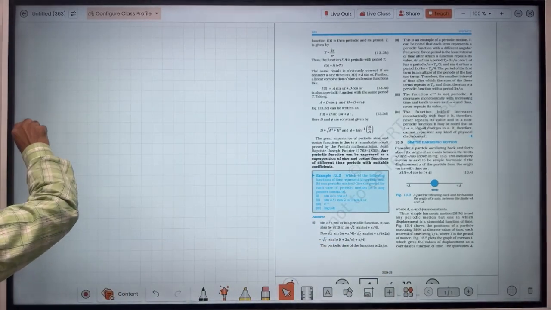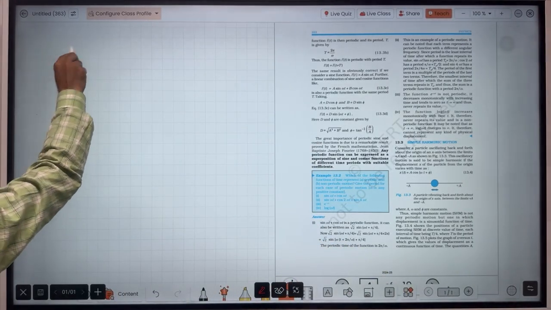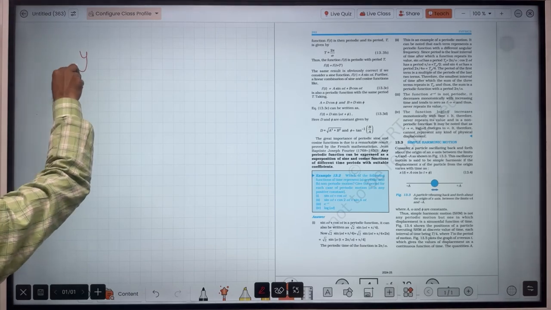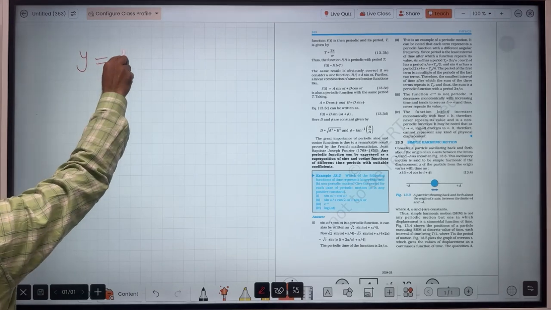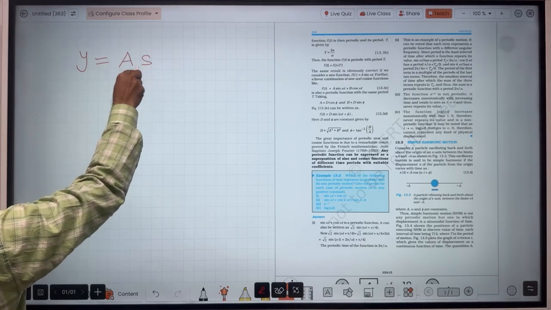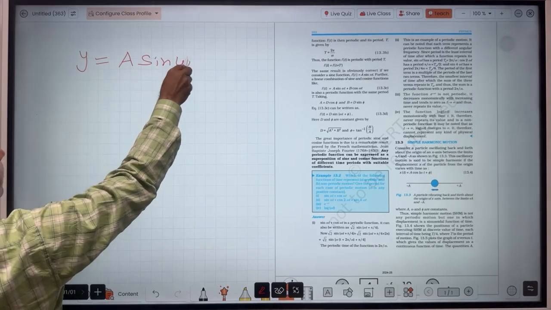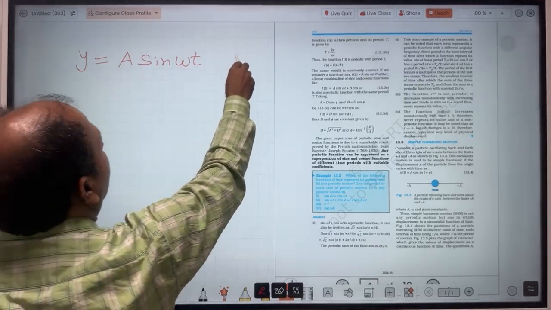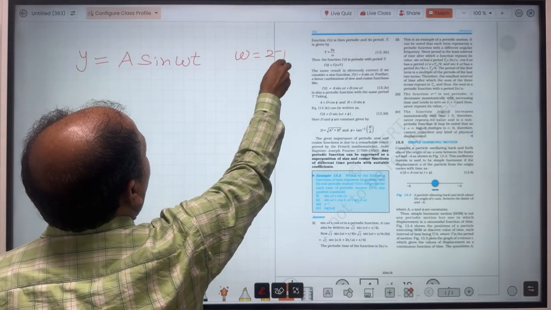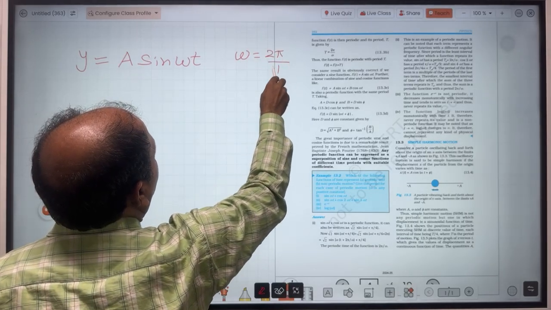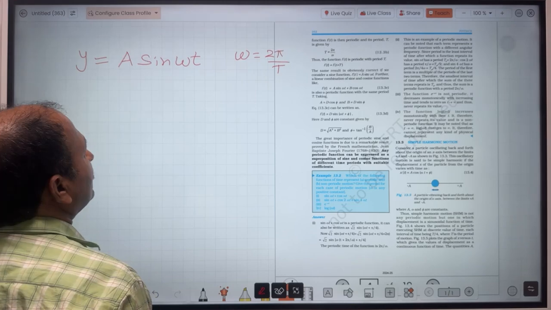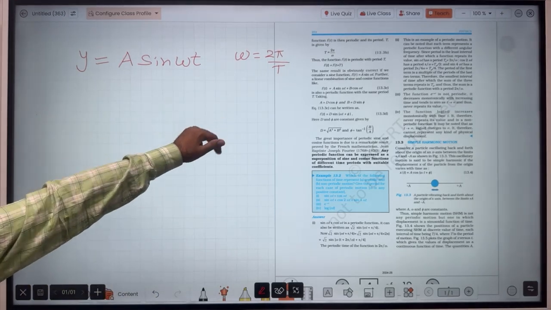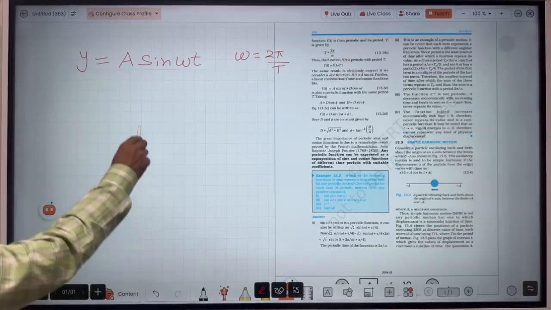If we take a simple relation, suppose we write y, which is displacement, as a sine omega t, right? Here omega is equal to 2 pi by time period, or 2 pi nu also we can write, because 1 upon T equals nu.